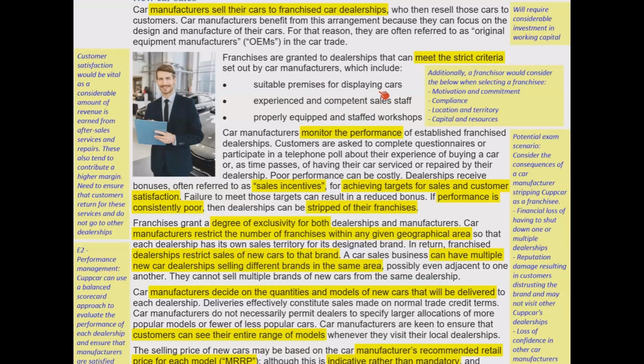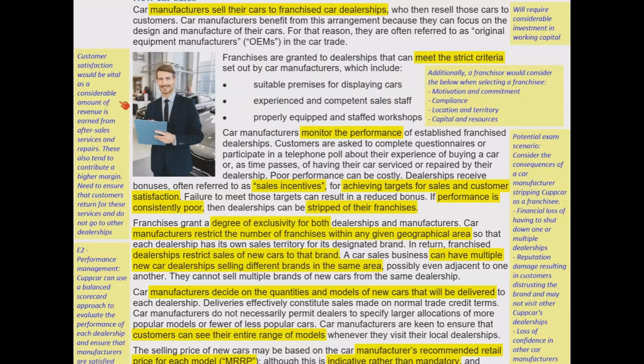Might this be a cause of concern? If they were going to do that, would they have enough sales staff to give the service that the car manufacturer expects? So really important to maintain that relationship with the franchisor, the car manufacturer, that we're always thinking of the perspective of the car manufacturer. And if there are changes at Cuppcar, how would that affect what the manufacturer is expecting?